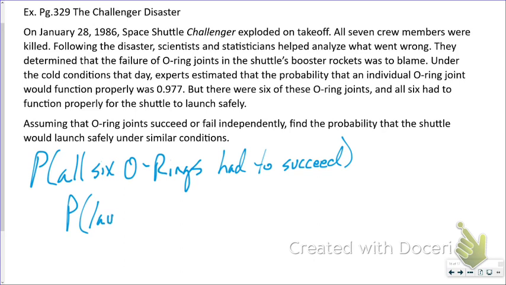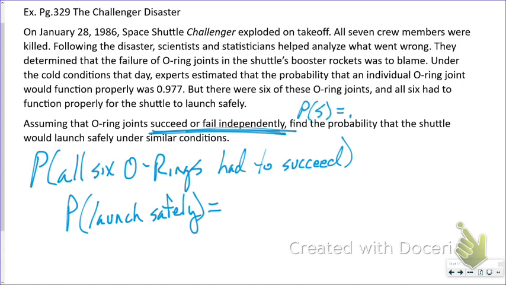Let's write it a different way. If we assume these are independent, see, they tell us that, and we know the probability of one success is 0.977. This would be the probability of the first O-ring succeeding, second succeeding, and so on.